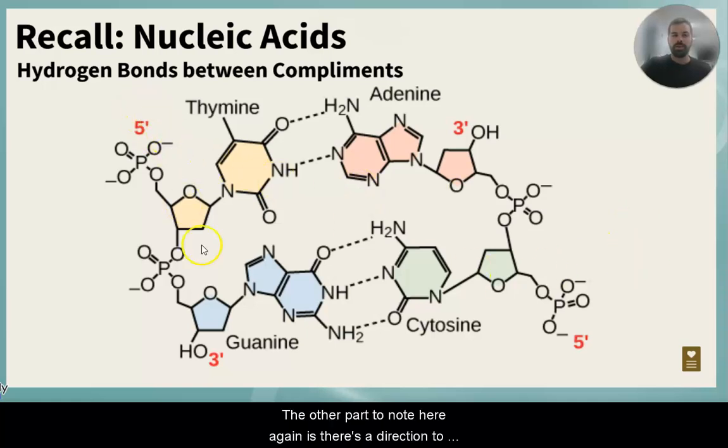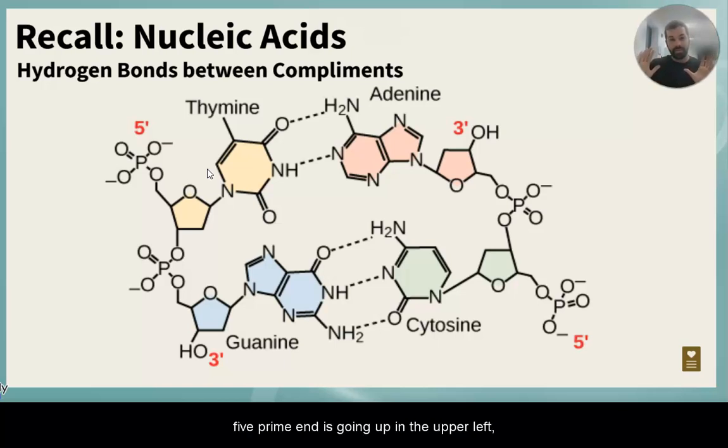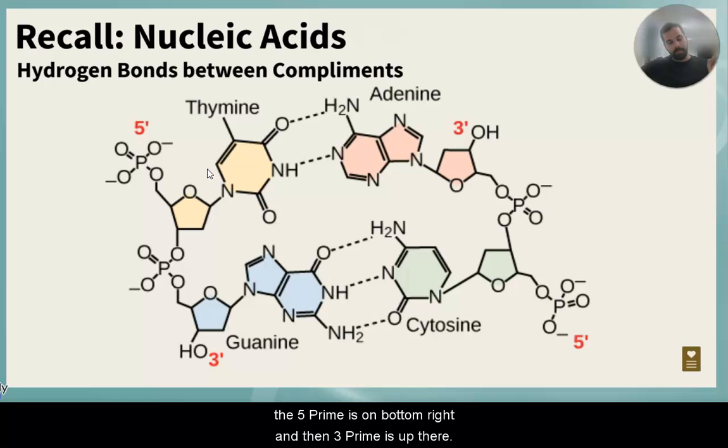The other part to note here, again, is there's a direction to this where it goes in an opposite direction. That 5' end is going up in the upper left in this case, on the left strand, and on the strand on the right, the 5' is on bottom right, and then the 3' is up there.